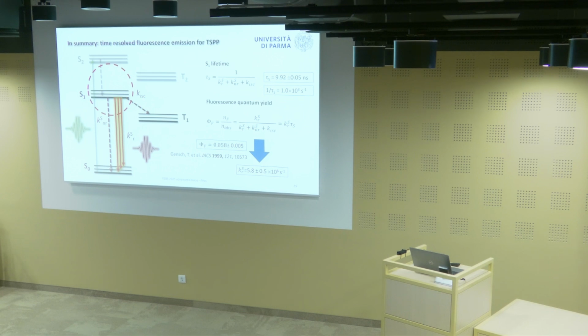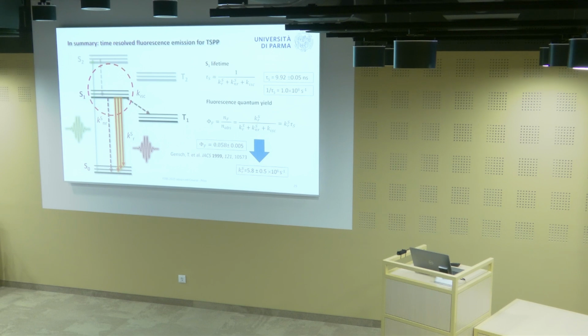Keep in mind that the lifetime and the rate, 1 over the lifetime, is not the radiative decay rate. It's not kSR. It's the sum of these three, because you are measuring disappearance of this state, and the rate of disappearance is the sum of the rates. It's not a single rate.